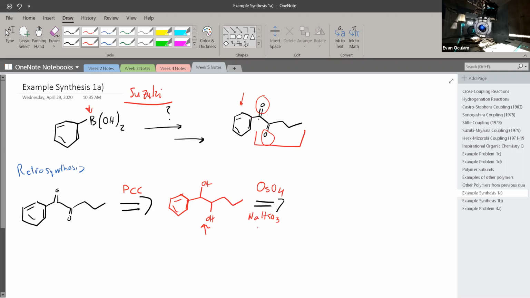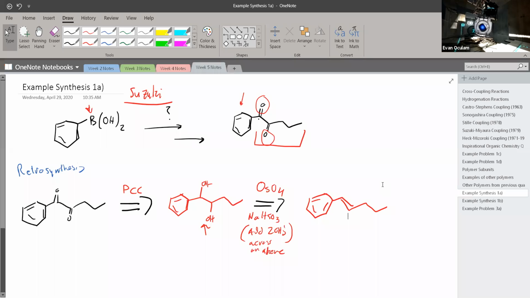And this will add two OHs across an alkene, in this case, an alkene that looks like this. We're getting very close. This is exactly what we wanted.